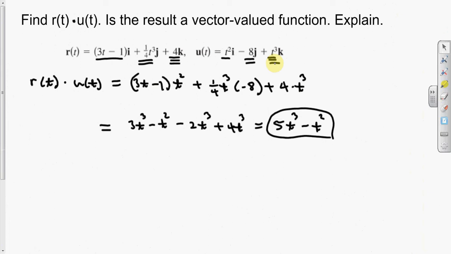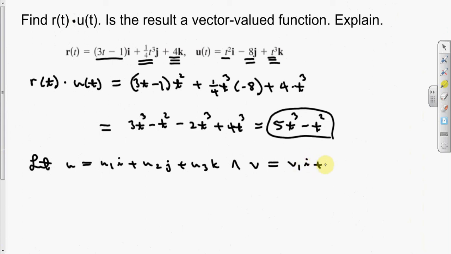So the definition: let u equal u sub 1 i plus u sub 2 j plus u sub 3 k, and let v equal v sub 1 i plus v sub 2 j plus v sub 3 k.